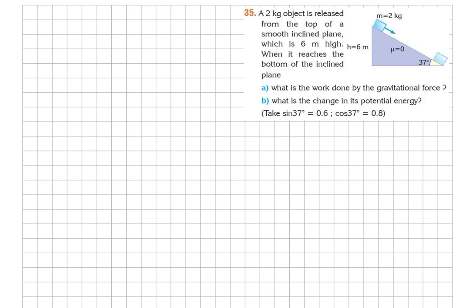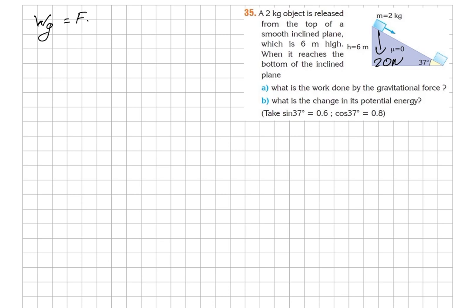The work done by gravitational force will be equal to, so this object is pulled downwards by 20 newtons of gravitational force because the mass is 2 and we take gravitational acceleration as 10.